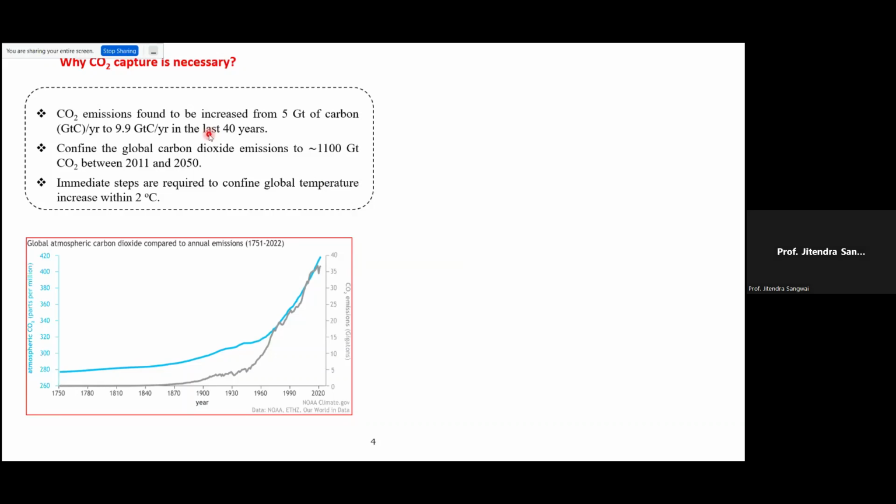But every year we have been emitting about 33 to 34 gigatons of CO2, and it has now increased to 36, 37. You can see from this plot that it is continuously rising, and that is resulting in atmospheric CO2 concentration rising from about 280 ppm in 1750 to more than 400 ppm. It's now close to 420, 425 ppm.